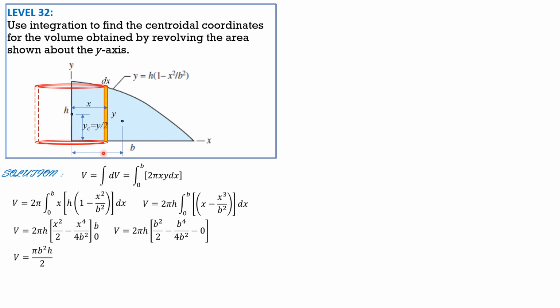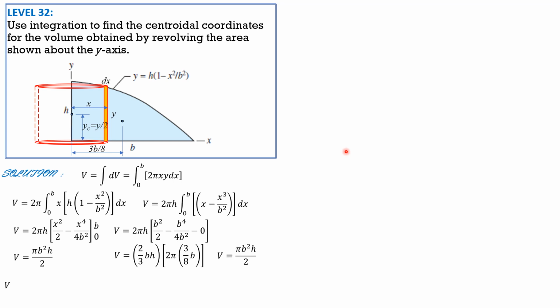But this is 3/8 of b, because this is 5/8 of b. This is the axis of the parabola, so that's 3/8 of b. So by Pappus-Guldinus theorem, we have volume equals area of parabola, 2/3 base times height, times 2 pi radius of revolution, 3/8 of b. And if you check that, that's also pi b squared h over 2.